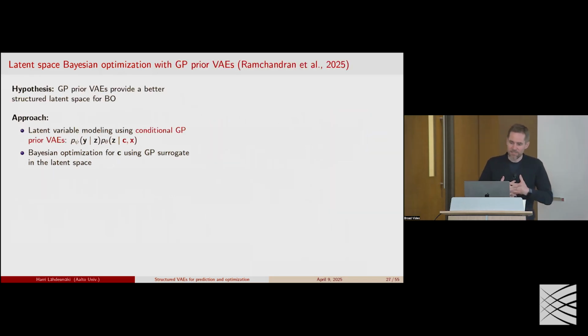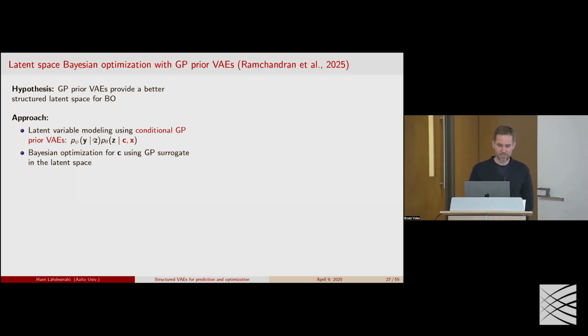And our hypothesis is that maybe these conditional latent variable models, Gaussian process prior VAEs in particular, can provide a better structured latent space for Bayesian optimization.